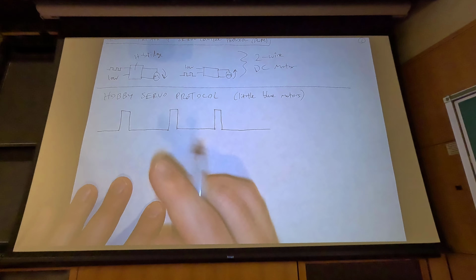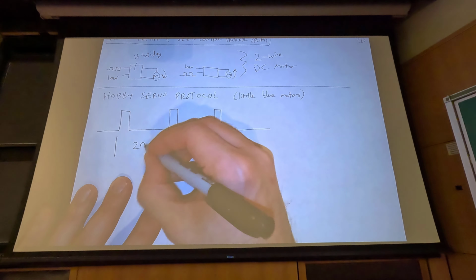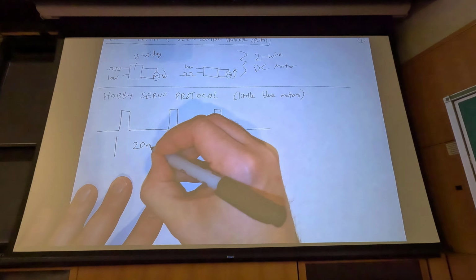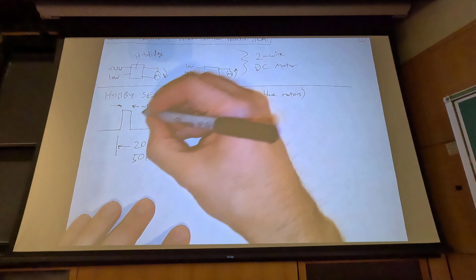It uses a PWM signal, but it is a 50 Hertz signal with a 20 millisecond period, and the positive pulse width ranges between about 1 to 2 milliseconds, which you can tell is only about 5 to 10% duty cycle.